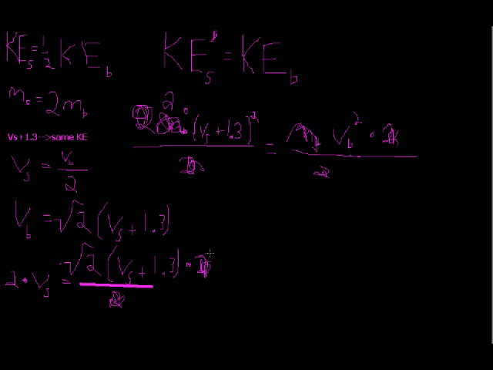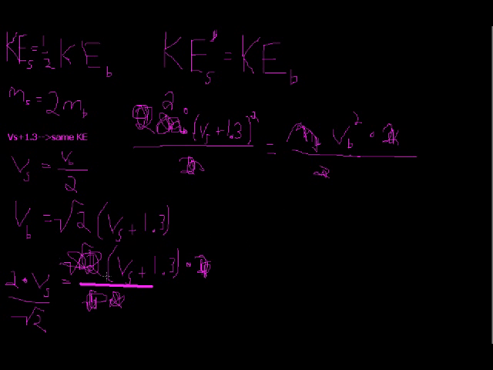Well, let's divide everything by square root of 2. If we divide by the square root of 2, these cancel out, and now I just have this ugly 2 over root 2 fraction, which turns out to be the square root of 1/2, but I'm not going to show you why right now, because I just don't feel like it.